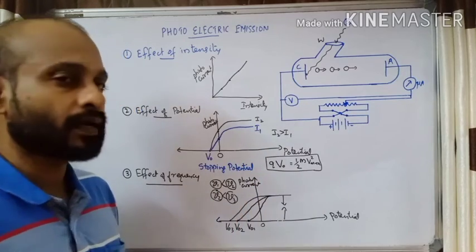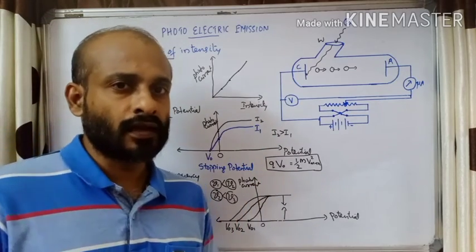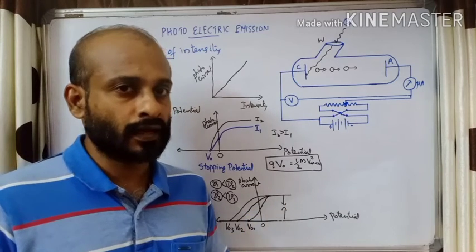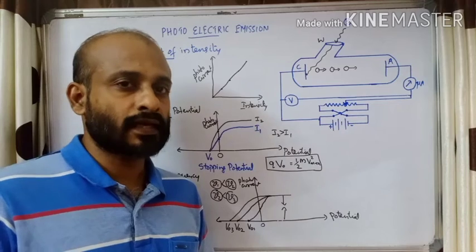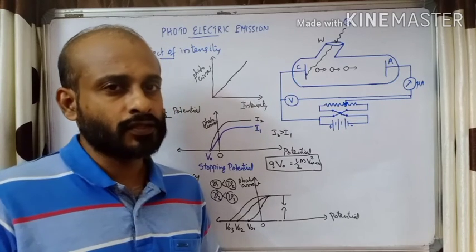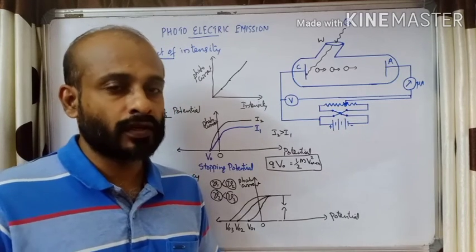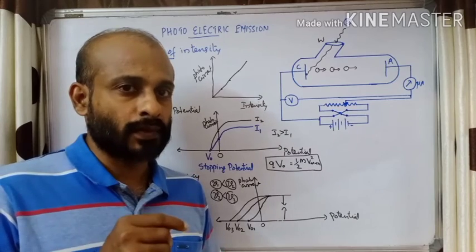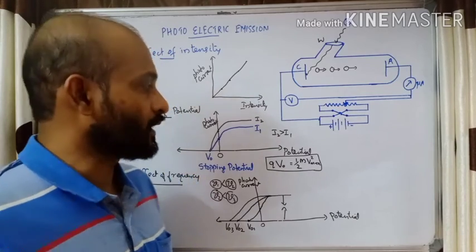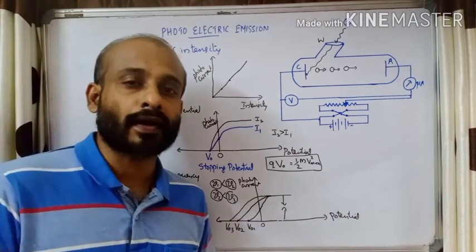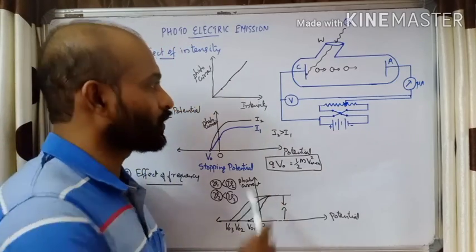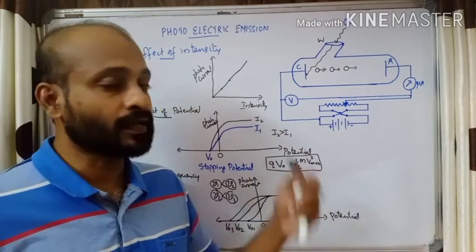Electrons of different kinetic energy will be emitted. If we increase the intensity of light, the energy of electrons will be the same. But if we increase the energy of the light by increasing the frequency, the stopping potential is larger, because electrons of more and more kinetic energy will be emitted from the photoelectric metal surface.